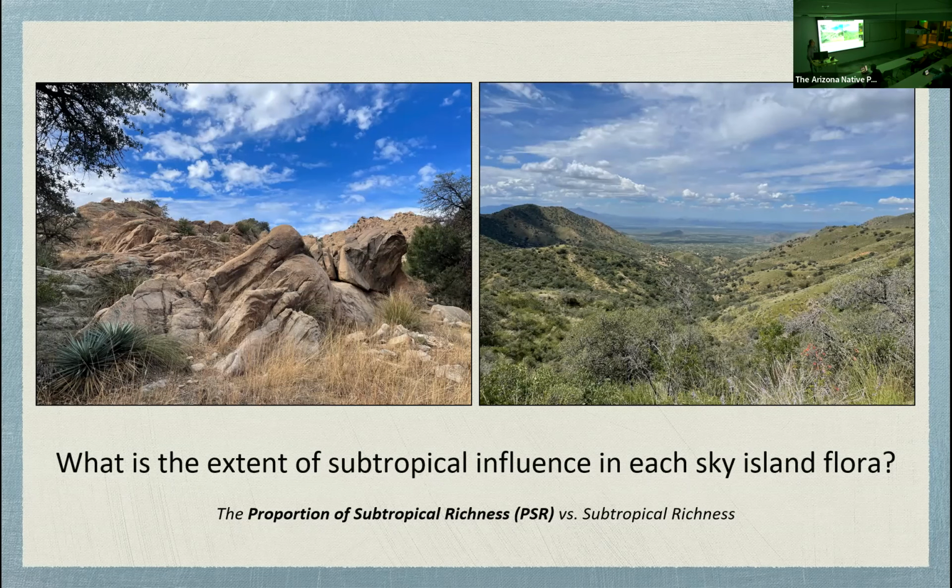It's defined as the ratio of subtropical richness, or the total number of subtropical plants in each Sky Island, in relation to the total known flora. So what percentage of that flora is subtropical? That's what we're really looking at here, so that really big species-rich ranges wouldn't outshadow the smaller ranges that have pretty significant amounts of subtropical plant influence.